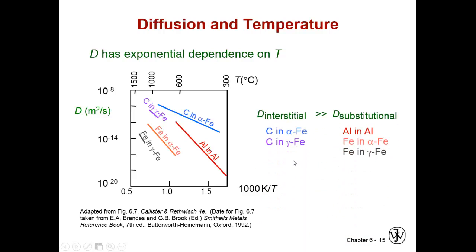Notice also that these two are carbon in iron. They have a much higher diffusion coefficient than these other ones that are substitutional. And that's to be expected because there are many, many more interstitial sites compared to substitutional sites to diffuse through.